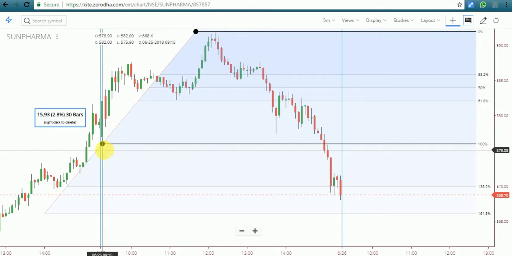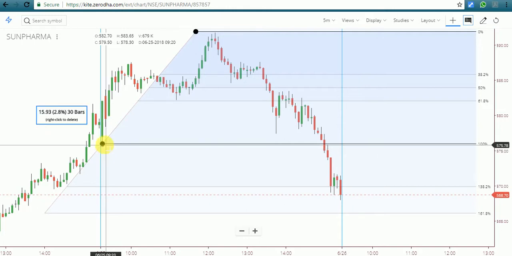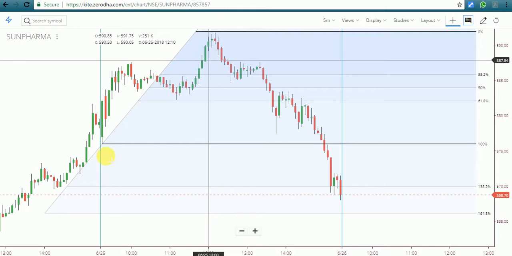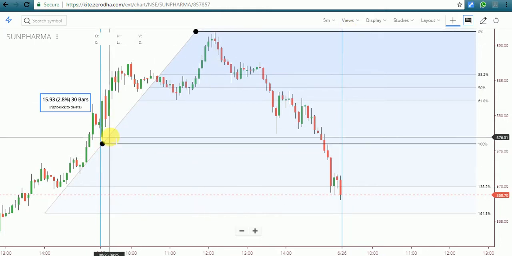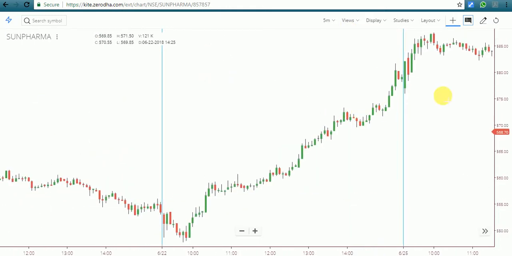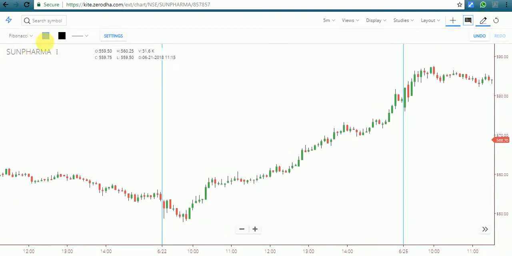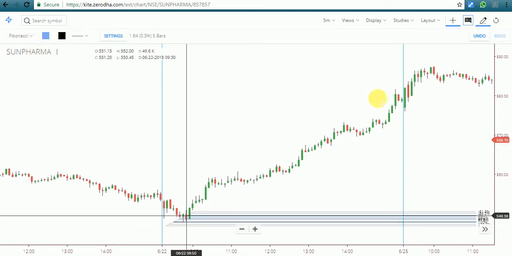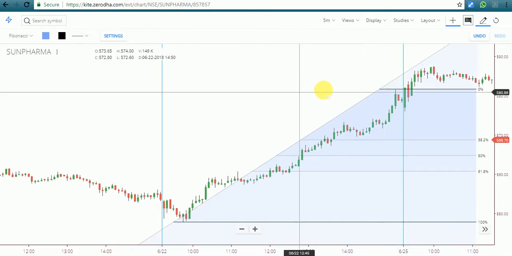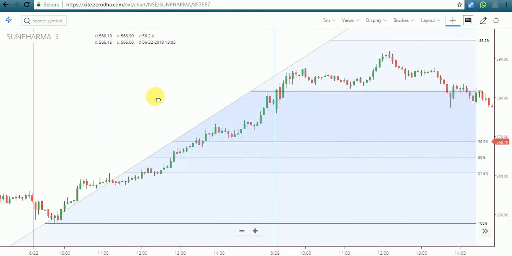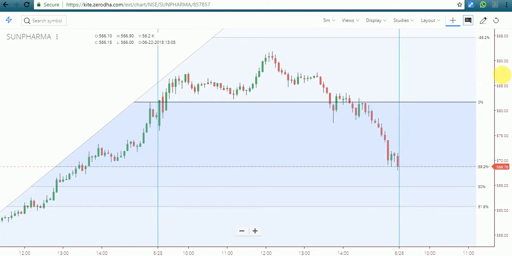Whatever chart you draw, if it is an uptrend, you draw that uptrend. Let me go through this also. I draw swing high to swing low, and I'll tell you here.